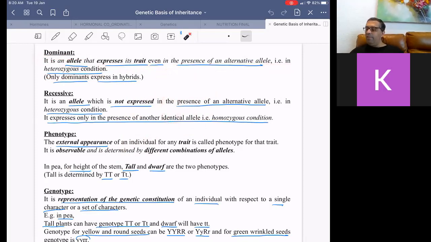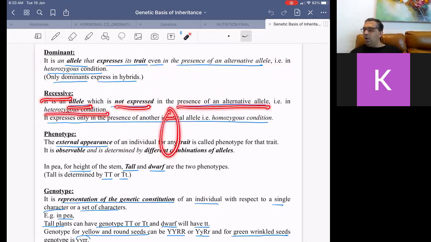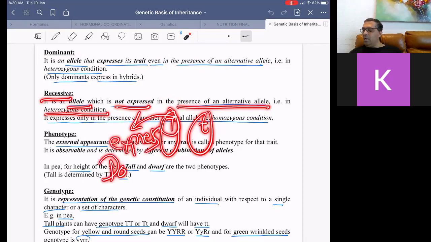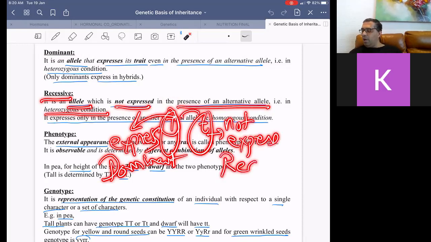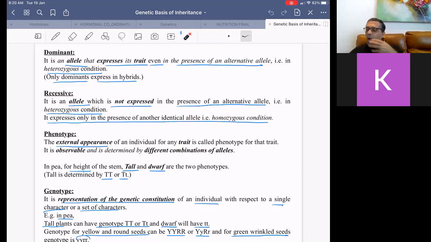Then we have recessive: an allele which is not expressed in the presence of an alternative allele in the heterozygous condition. Small t will not express in the presence of the alternative allele, so it is called recessive.